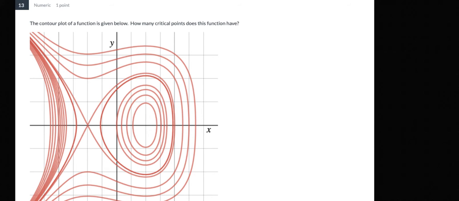Now, one thing that you will probably see here is the concentric contours getting closer and closer to a certain point. So I'm talking about this area of the contour plot. There's a whole bunch of contours getting smaller and smaller, and they shrink to a certain point.